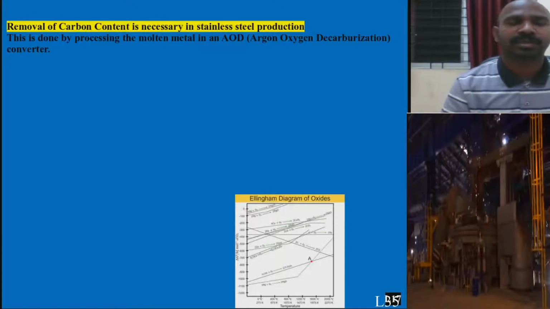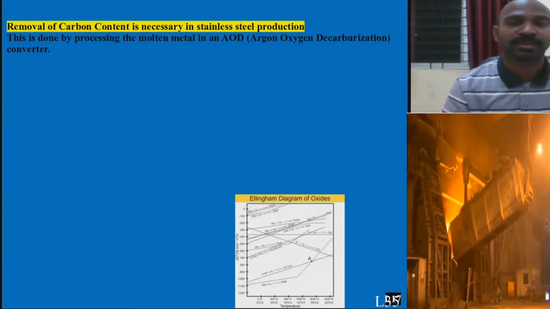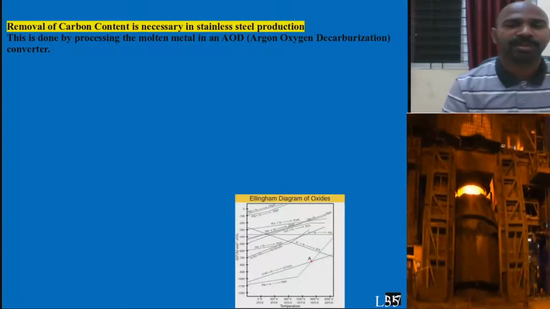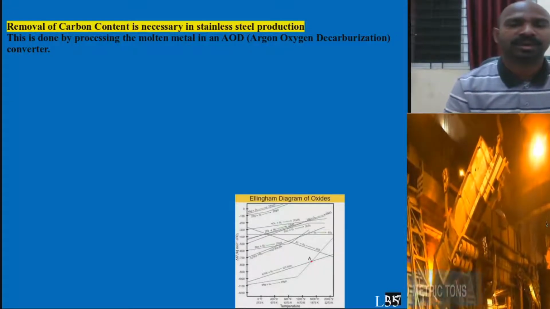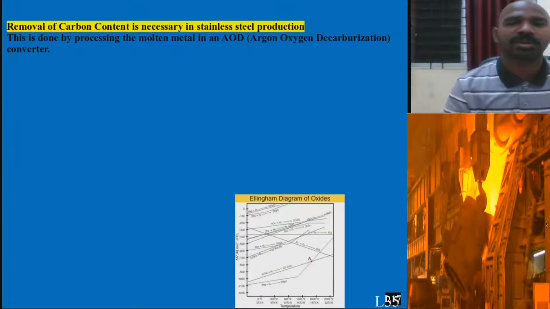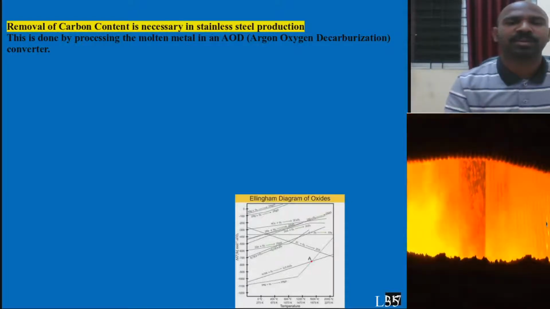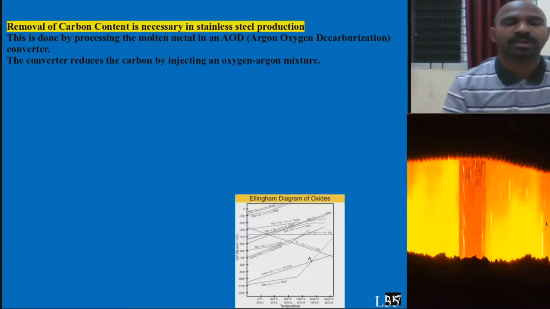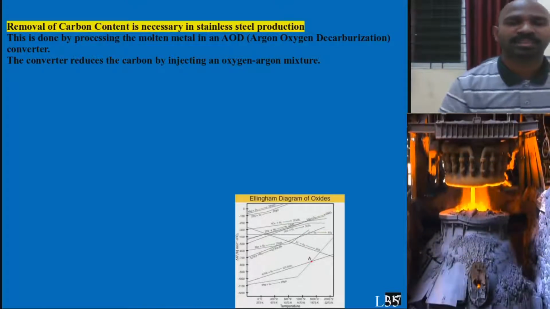In this particular process, the molten metal from the EAF, the electric arc furnace melt, is poured into the AOD vessel, or AOD converter. This converter uses the principle of a combination of oxygen and argon mixture.